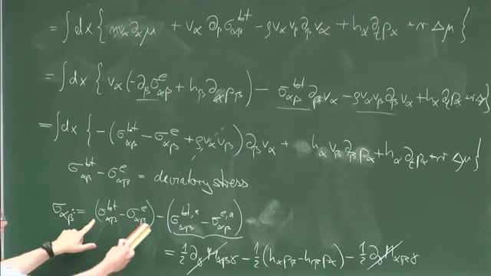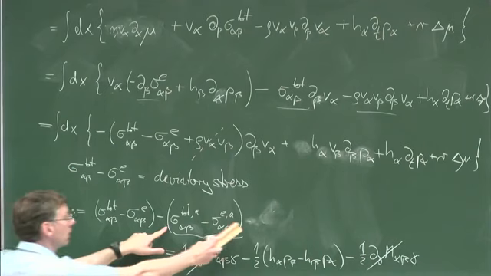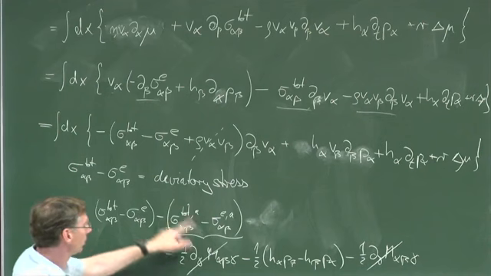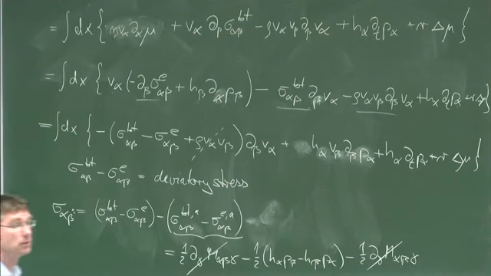So I take the full tensor and subtract the antisymmetric part. Right? And for the antisymmetric part I have a nice expression. And we will see now if all the signs work out correctly.